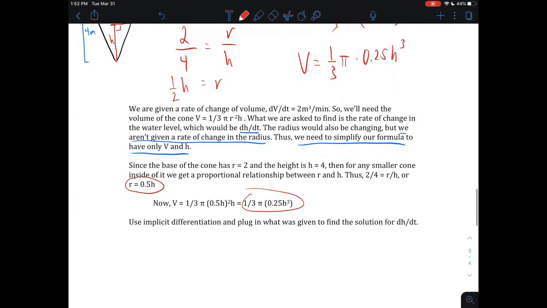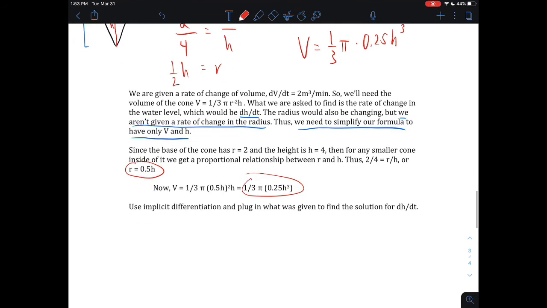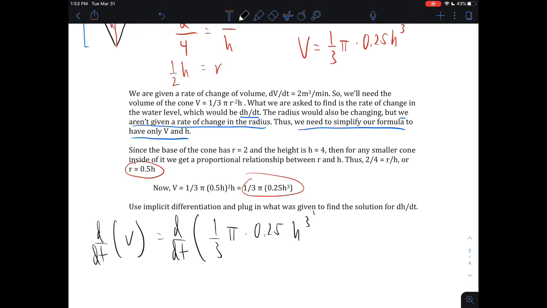Now I can use implicit differentiation. So I'll do that below these paragraphs. I'll start with the formula and take the derivative with respect to time of both sides. Notice that all I have are constants and then h cubed.